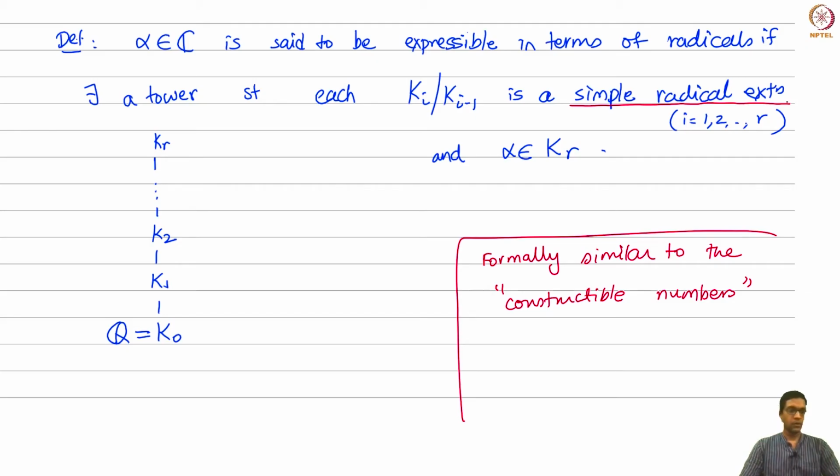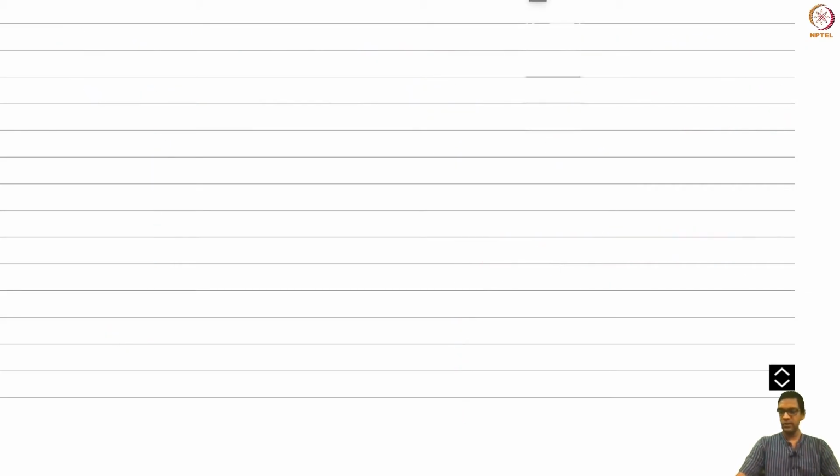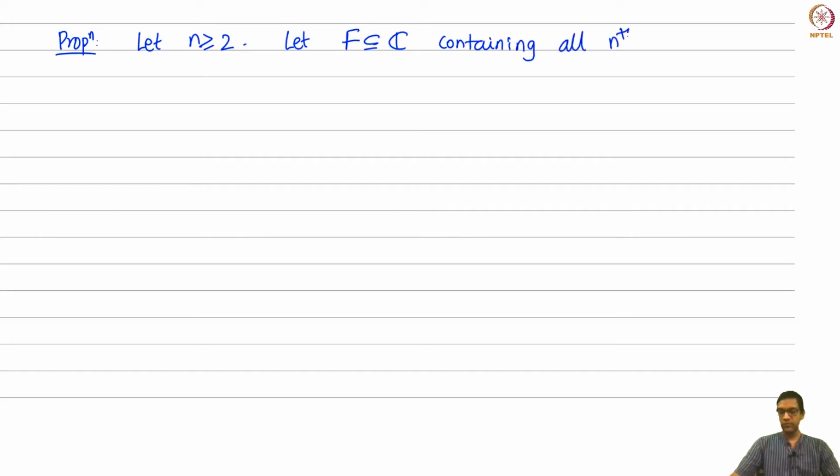Good. Now what's the key fact that one needs to know about this? That's the following proposition. Let n be at least 2, since adjoining the 1st root of an element doesn't give you anything new. Let F be a subfield of C containing all nth roots of unity, so e to the 2 pi i by n and its square, cube, and so on.